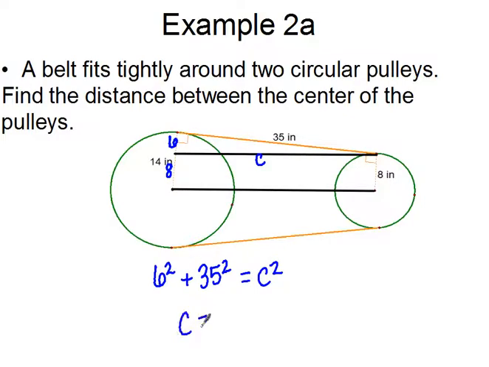Work your Pythagorean theorem. You get 35.5 inches between the two pulleys. Alright? If you have questions, you need to ask.